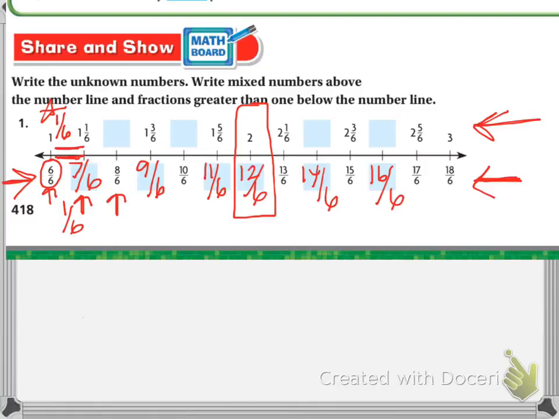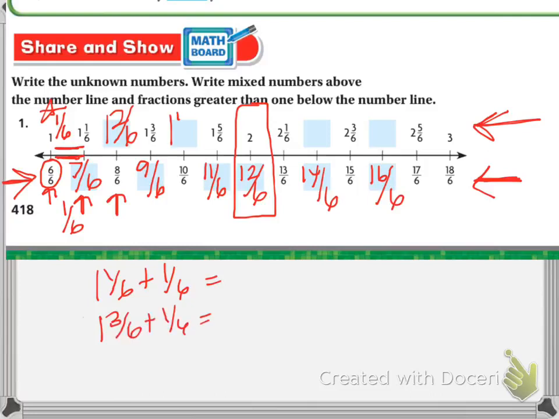So if this is 1 1/6, 1 1/6 plus 1/6 equals 1 2/6, which is equivalent to 8/6. 1 3/6 plus 1/6 equals 1 4/6, which is equivalent to 10/6. Then I already have 1 5/6, 2, 2 1/6.